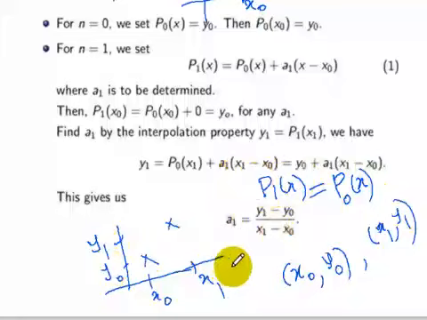We know that p0 is a constant polynomial, so when you throw this number into the polynomial, we get the same value. This p1 returns the value of y0, that is okay. But if you throw x1 into here, we should get y sub 1. So what should I do?